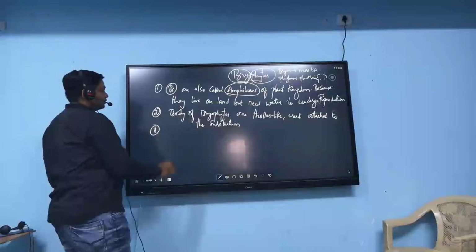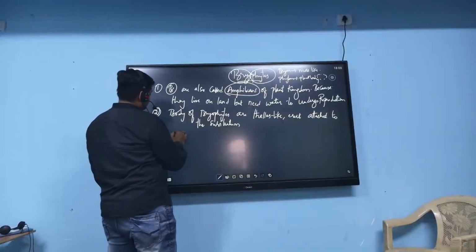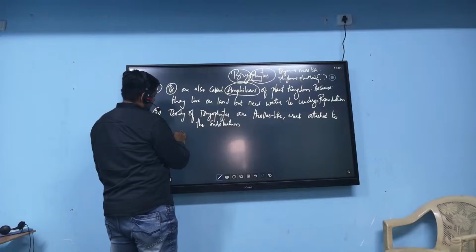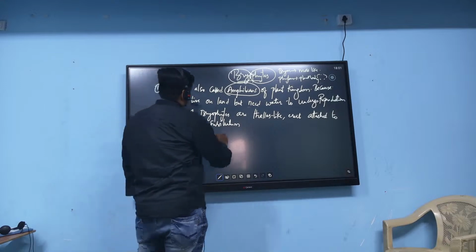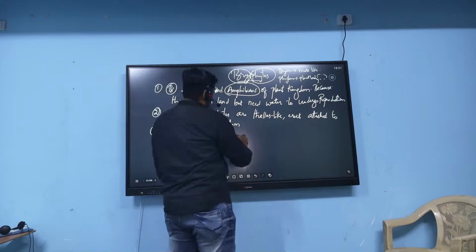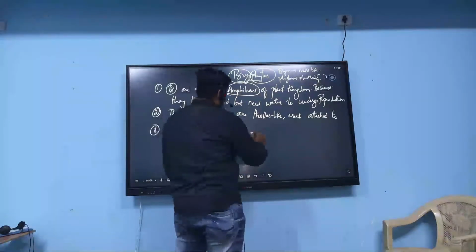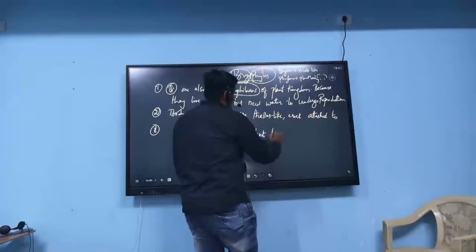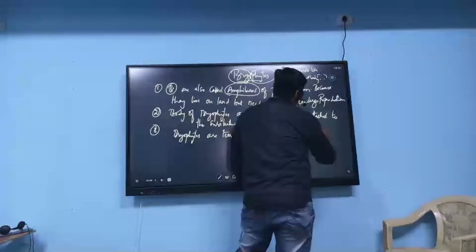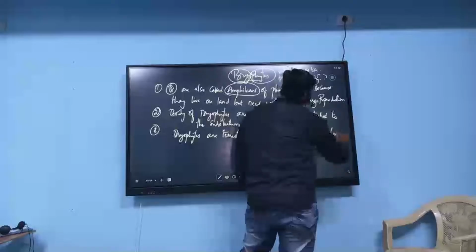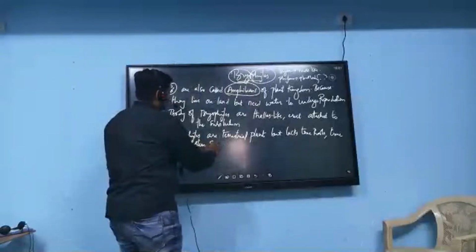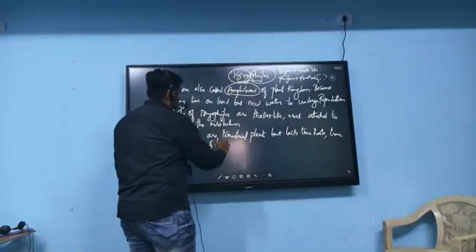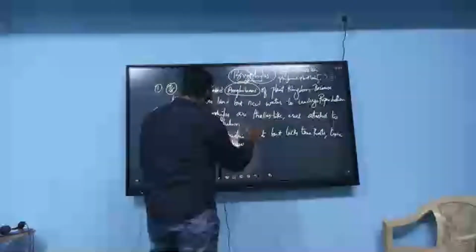Point number 3: bryophytes are terrestrial plants but lack true roots, true stem and true leaves.